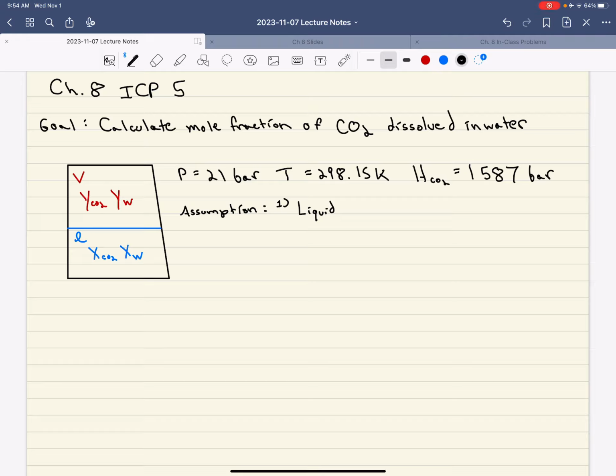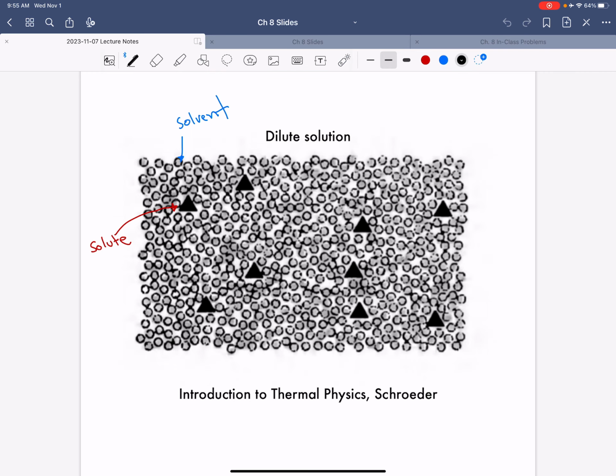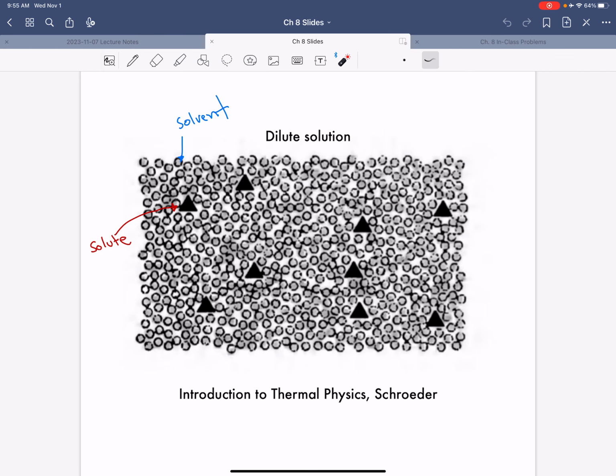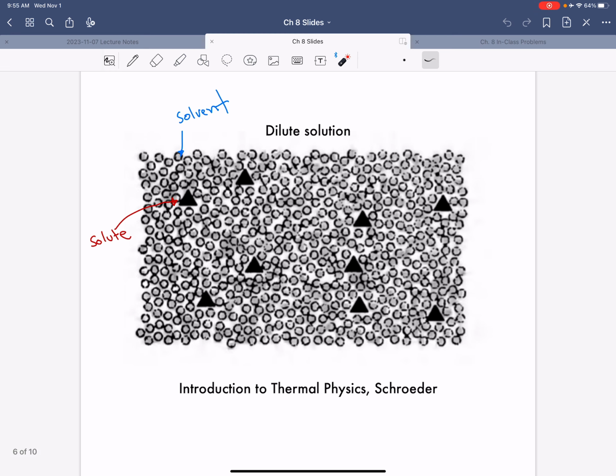And so when we think of CO2 in water, we typically think that there's only a dilute amount of CO2 in water. In order to understand what's going on, we could have this diagram in our mind when it comes to dilute solutions.